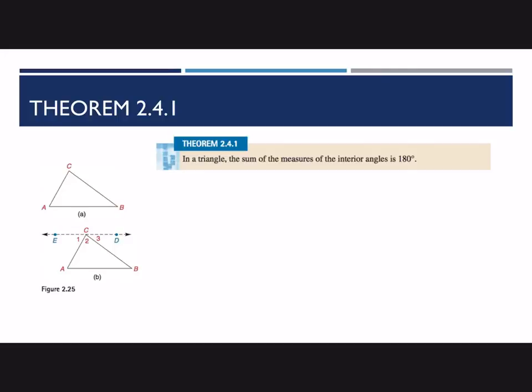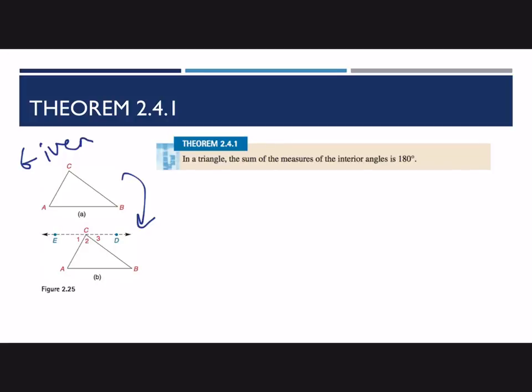Okay, so to start with, we have a specific triangle, ABC, and to assist in the proof, we're going to draw an auxiliary line, ED. Often when we draw these, we will redraw the diagram so we can see the givens without that line drawn in, and then we can see what we've added to the diagram.